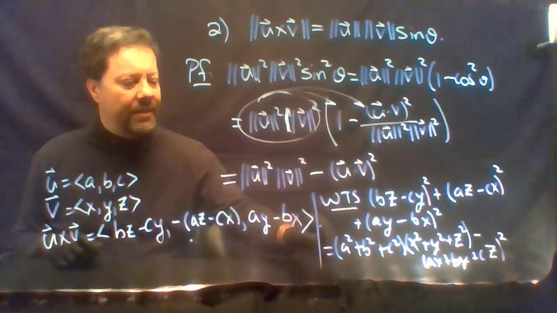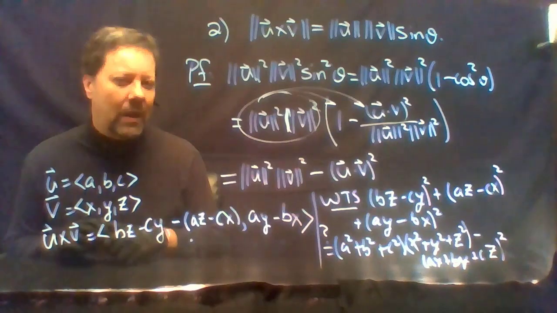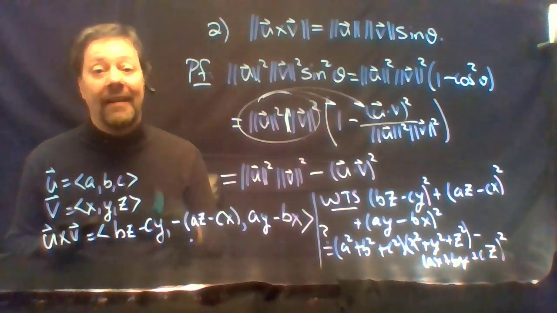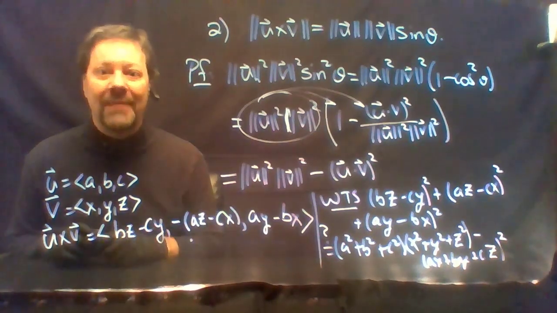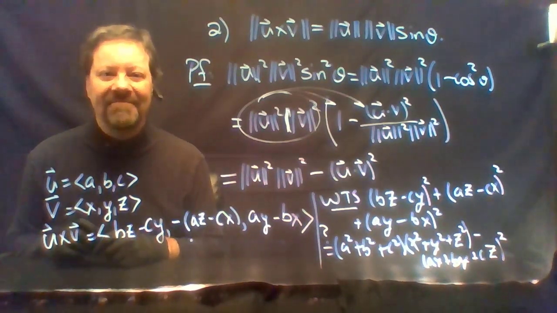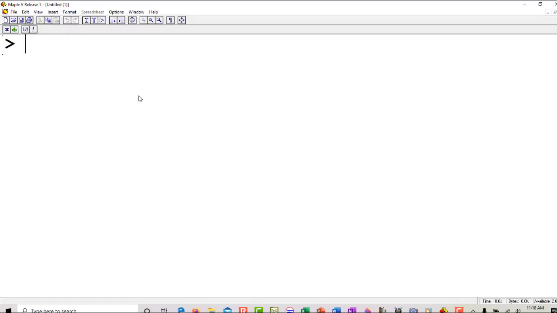So the question is, do we get equality here? I don't know about you, but I'm too lazy to check this by hand. I'm going to make my computer do it for me. So here's what we're going to do. We're going to subtract both sides of the equation and see if we get 0.